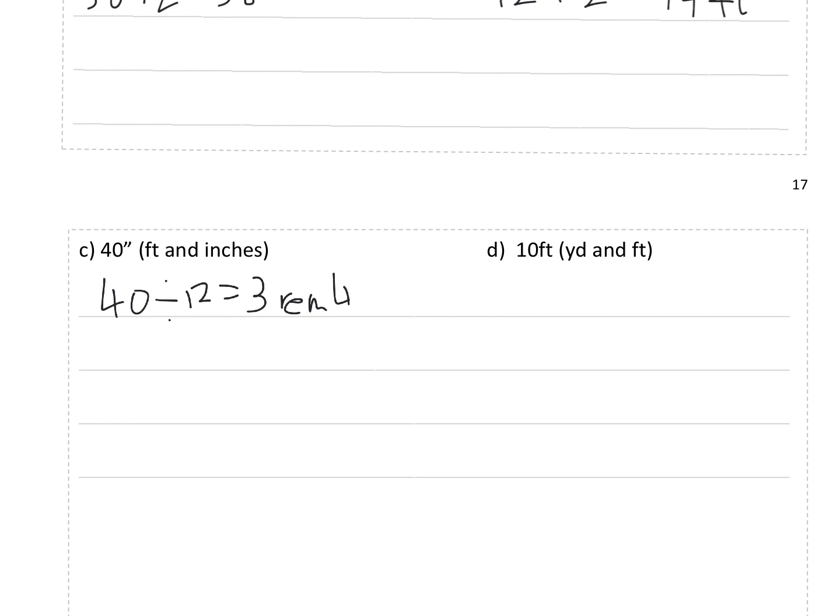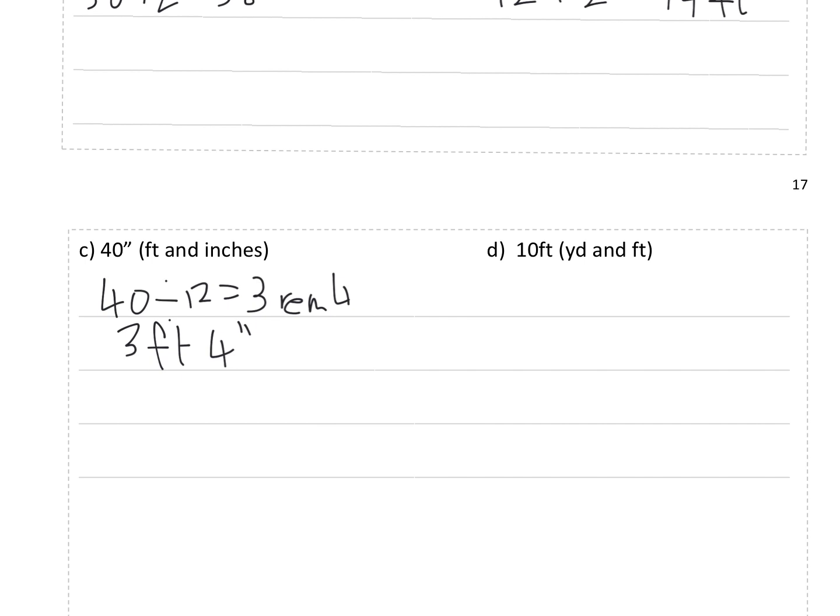But the 4, don't call it a remainder, the 4 that is remaining is still in inches. So you would say that that is 3 feet, and then 4 inches.